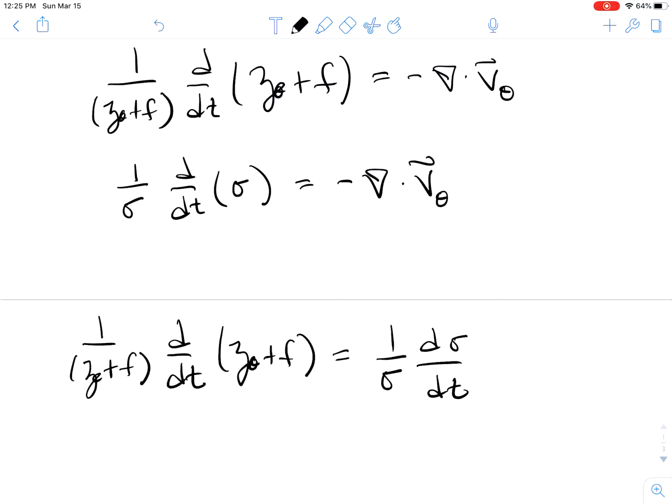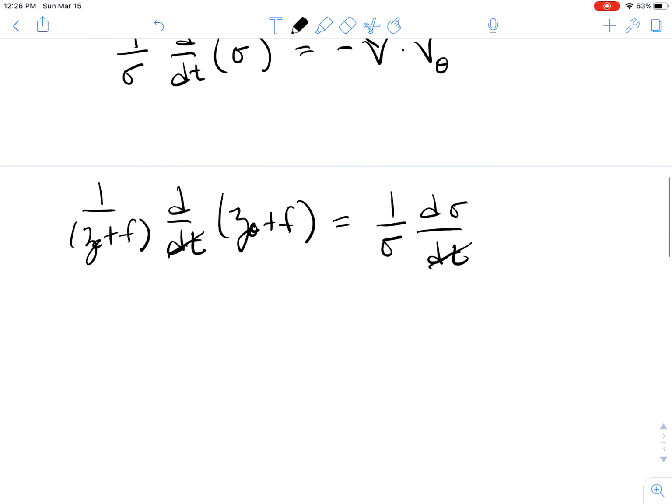It turns out here we've got a very nice format for our equation, in that our d dt's cancel on both sides, and we are left with d of zeta theta plus f over zeta theta plus f as equal to d sigma over sigma. This lends itself nicely to integrating both sides to then start to solve our equation.